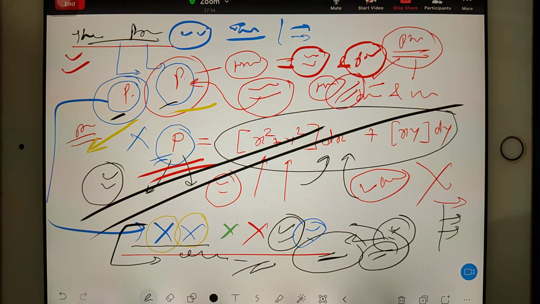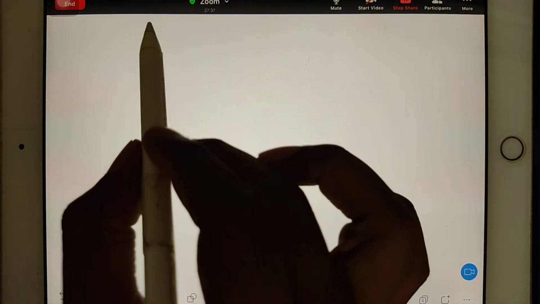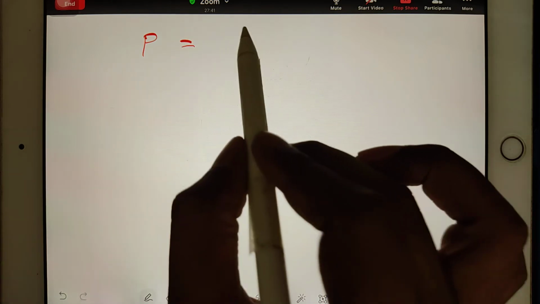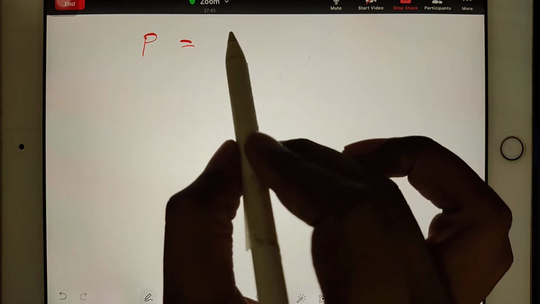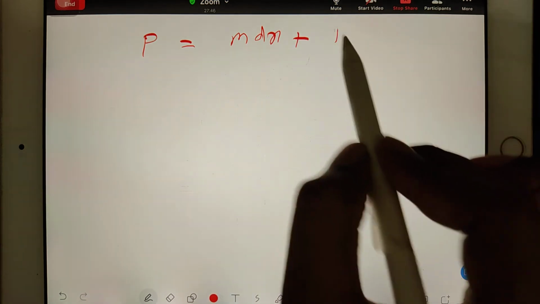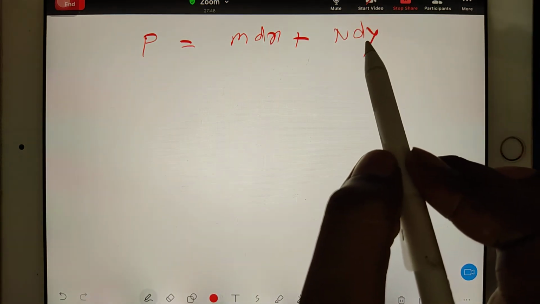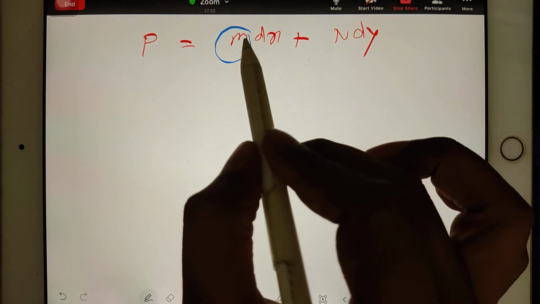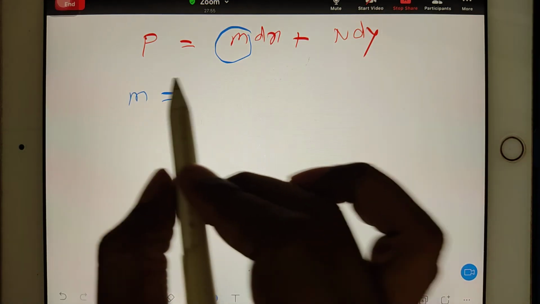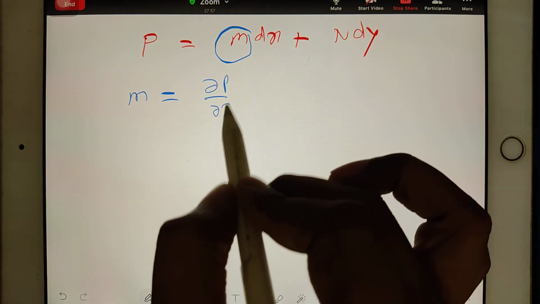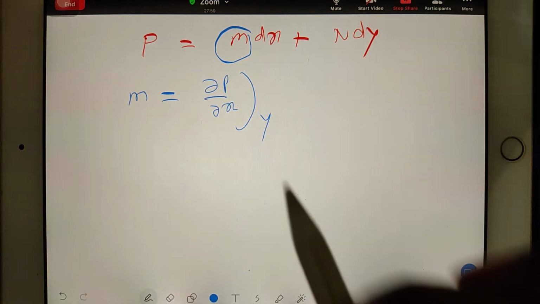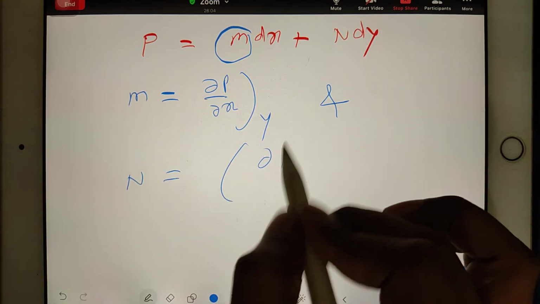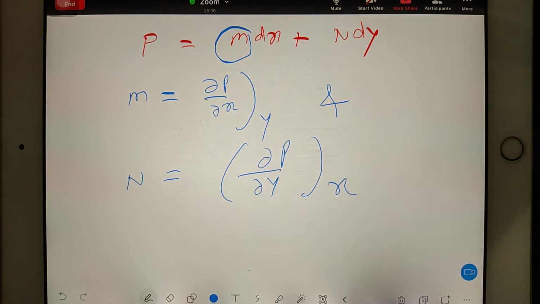I am changing the page, I am going to explain further. See here, if any property P is defined as M dx plus N dy, then whatever M is, that M is nothing but dou P by dou x for constant y, and whatever N is, that is dou P by dou y for constant x.